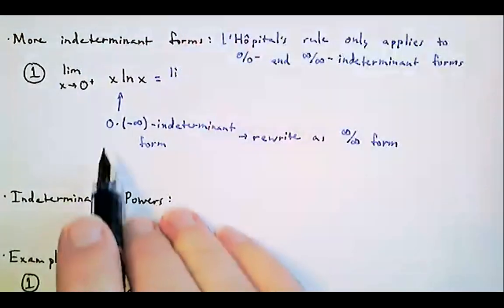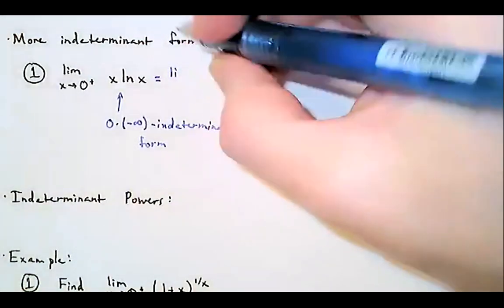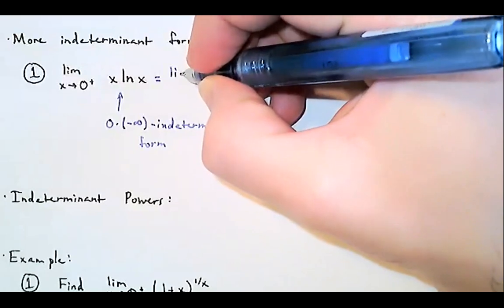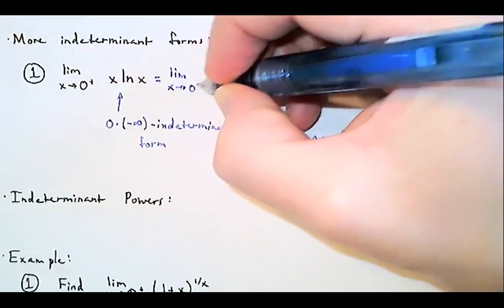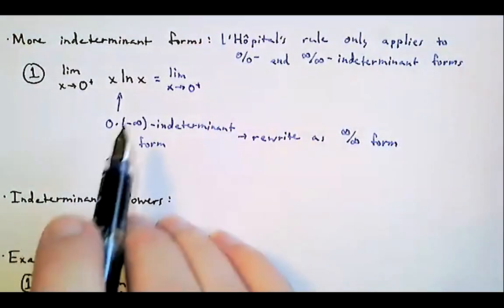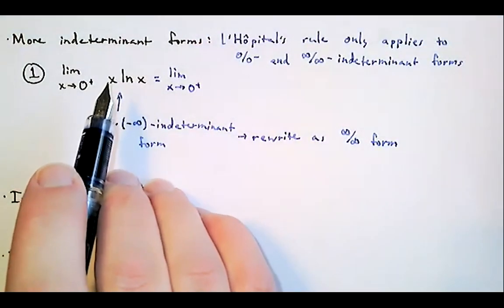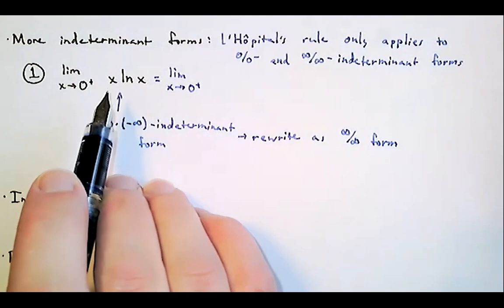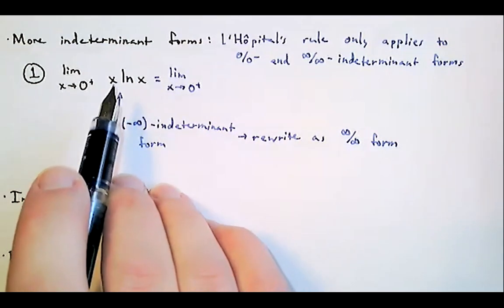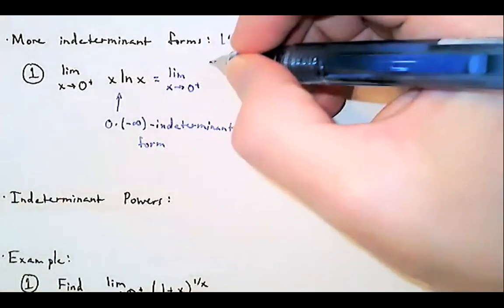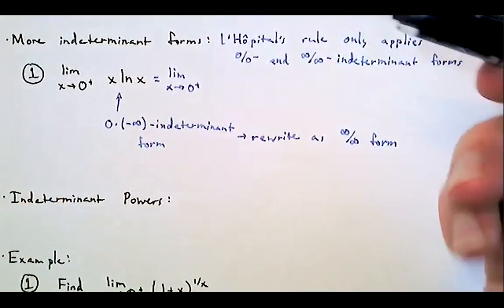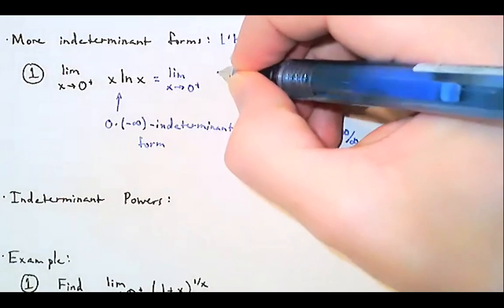How can I change 0 times infinity to infinity over infinity? I'm sure you're wondering. What I'm going to do is take this x and flip it into the denominator. So x is equal to dividing by 1 over x.